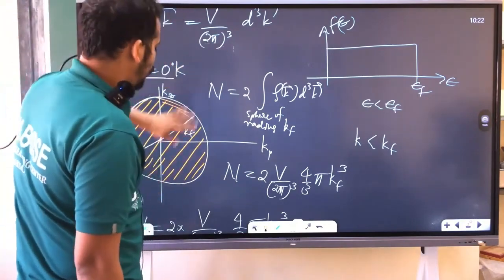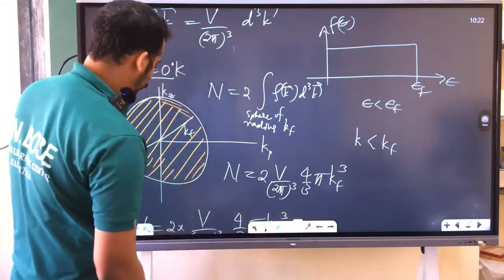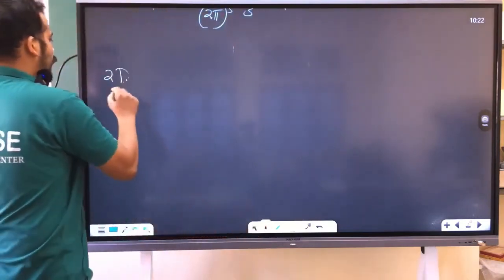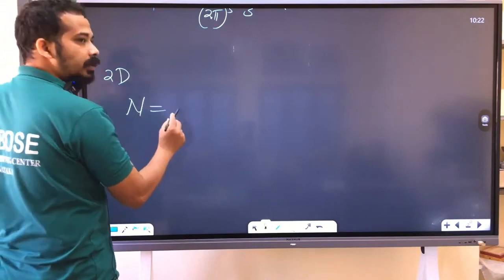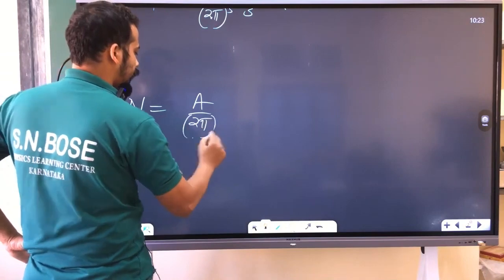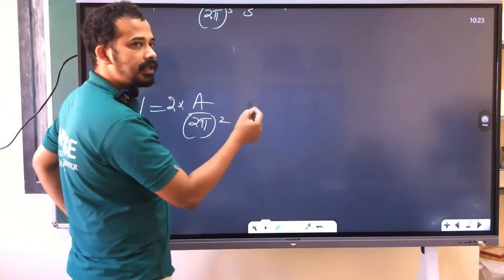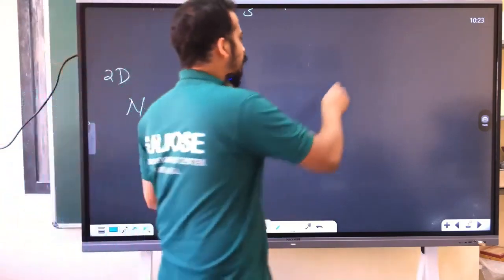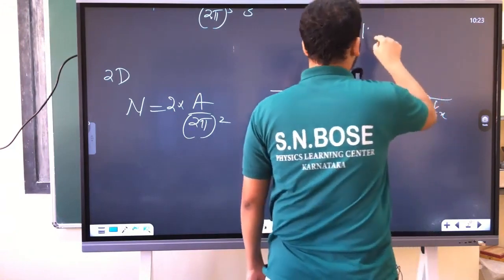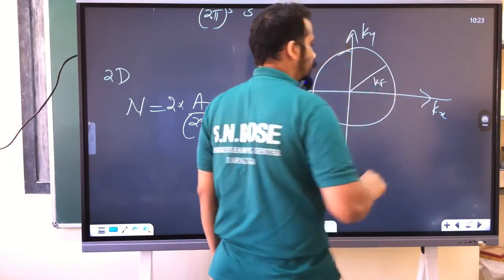Now, again, in case of 2 dimension, how do you do? In case of 2D, the same thing, number of particles is equal to area by 2 pi the whole square, factor 2 if it is electron, then integral of d square of k within a Fermi disk. Suppose I take kx and ky here, you have a disk of radius kf.